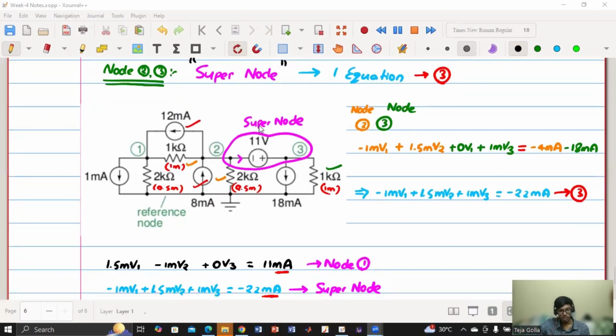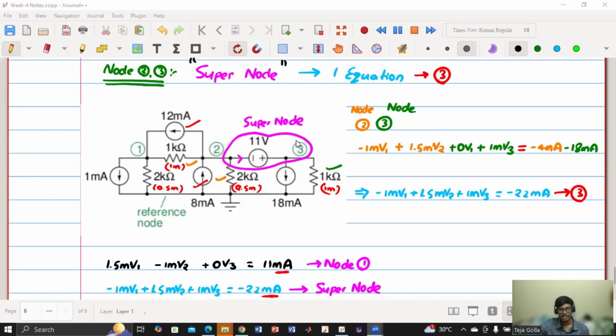When there is a supernode, how are we going to write this expression? First, we'll write the equation at node 2 separately plus node 3 separately, equals current entering node 2 plus current entering node 3. That's why I have written the expression in these colors. First, I have written the expression at node 2 in orange plus the expression at node 3, equals current entering node 2 plus current entering node 3.